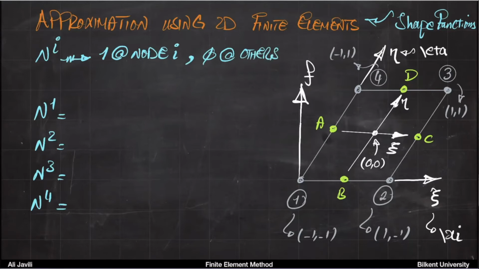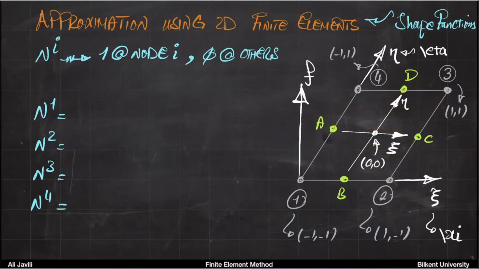Okay, so if we want to construct that for this example, as I mentioned, you are thinking of something which would be, for instance, 1 here at node 1, and it's 0 here and here and here. So it's going to look like a surface like this. And then maybe I draw this line to make it clear that it's a surface. So you are talking about that surface. What is the equation of that surface?